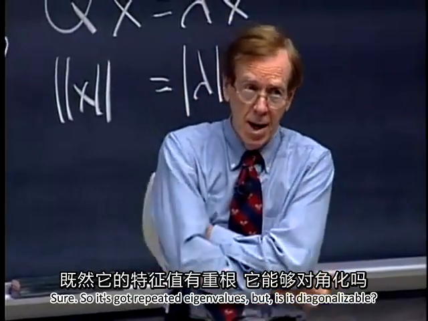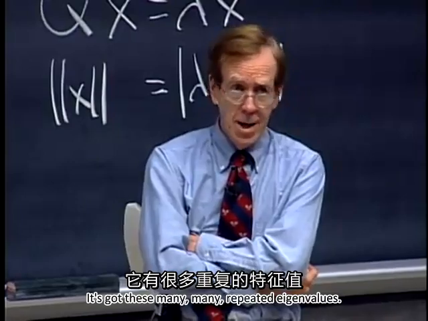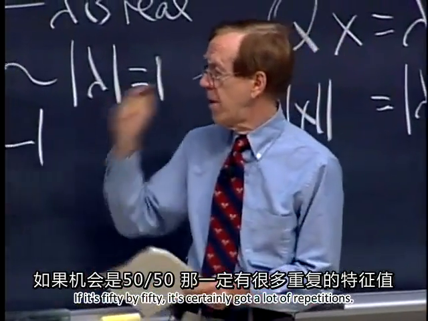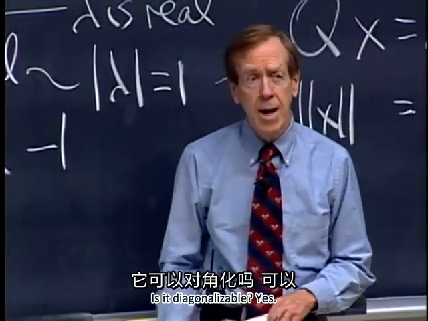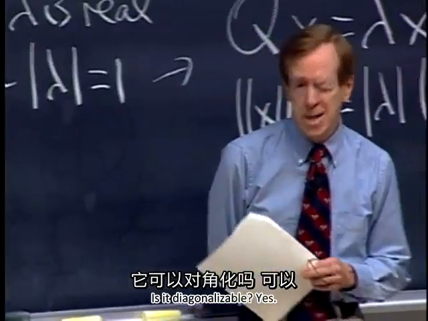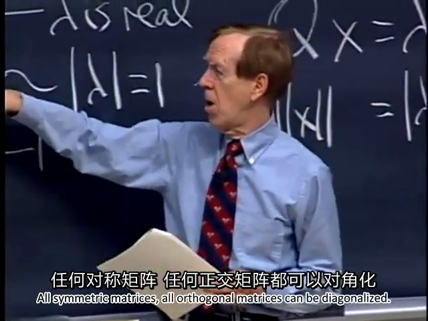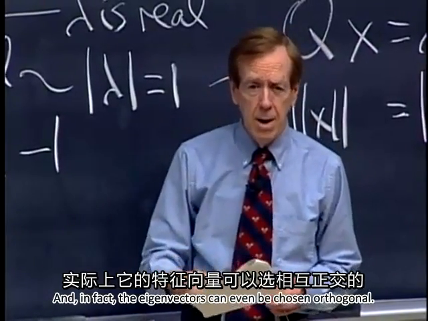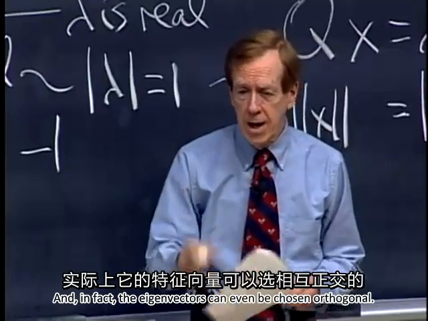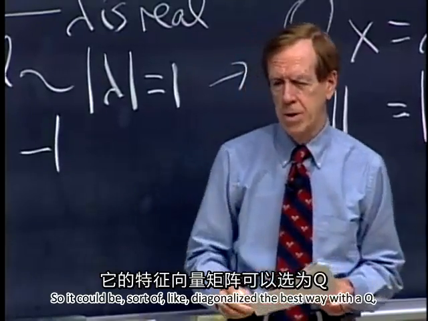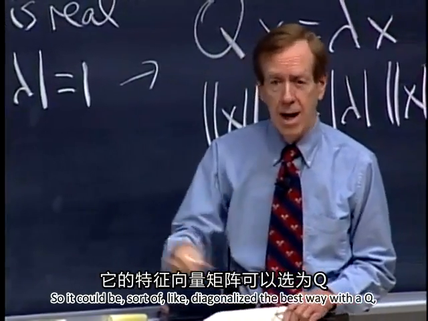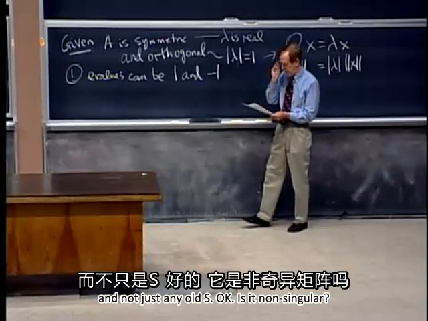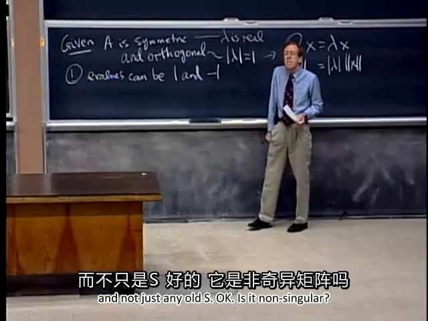But is it diagonalizable? It's got these many, many repeated eigenvalues. If it's 50 by 50, it's certainly got a lot of repetitions. Is it diagonalizable? Yes. All symmetric matrices, all orthogonal matrices can be diagonalized. And in fact, the eigenvectors can even be chosen orthogonal. So it can be diagonalized the best way with a Q and not just any old S. Okay. Is it non-singular?